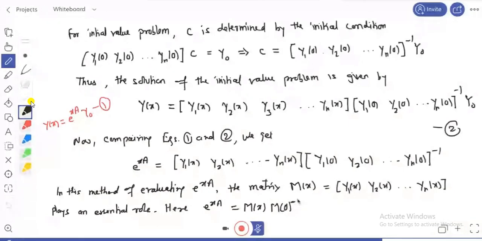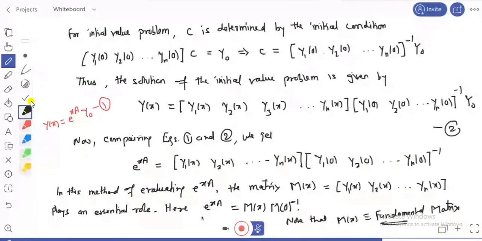So this becomes the inverse. We call this matrix Mx basically the fundamental matrix.